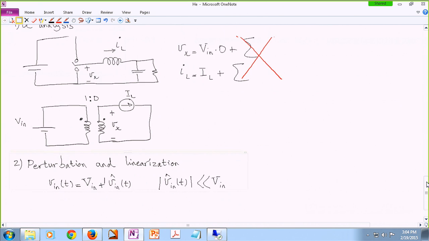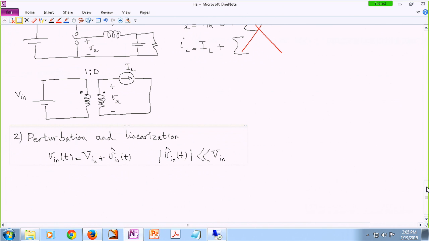I do it for pretty much all of the signals in the system. For instance, IL has a DC component plus small signal variations.